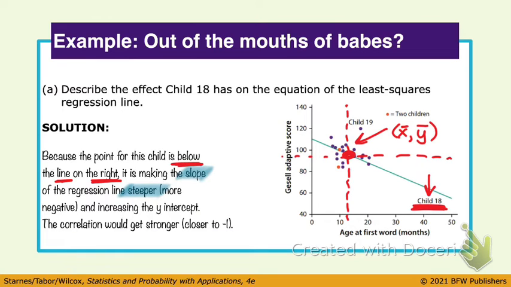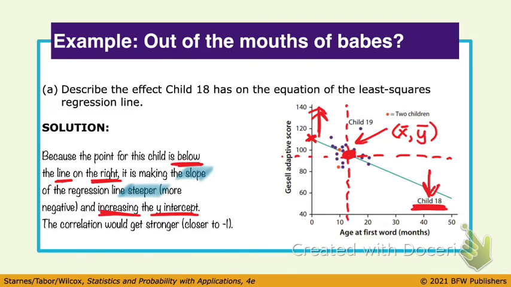That means if I'm pulling down on the line right there, and if this is a seesaw, that means this side of the line's going up. That means that the y-intercept would be going up because of that child. Does that make sense? Okay, so that child increases the y-intercept.